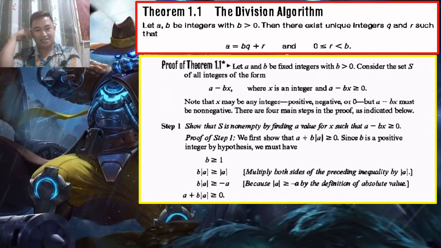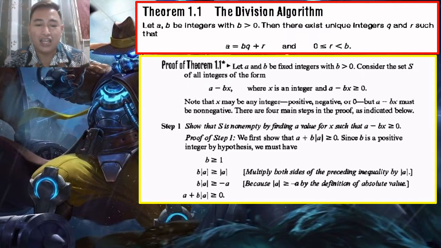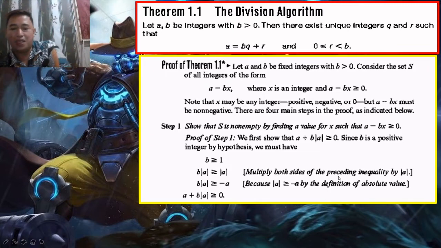Okay, so i-multiply na natin ang absolute value of a. Since positive man itong i-multiply, di mag-change ang sign ng inequality. So b times the absolute value of a is greater than or equal to the absolute value of a. So, multiply both sides of the preceding inequality by the absolute value of a.